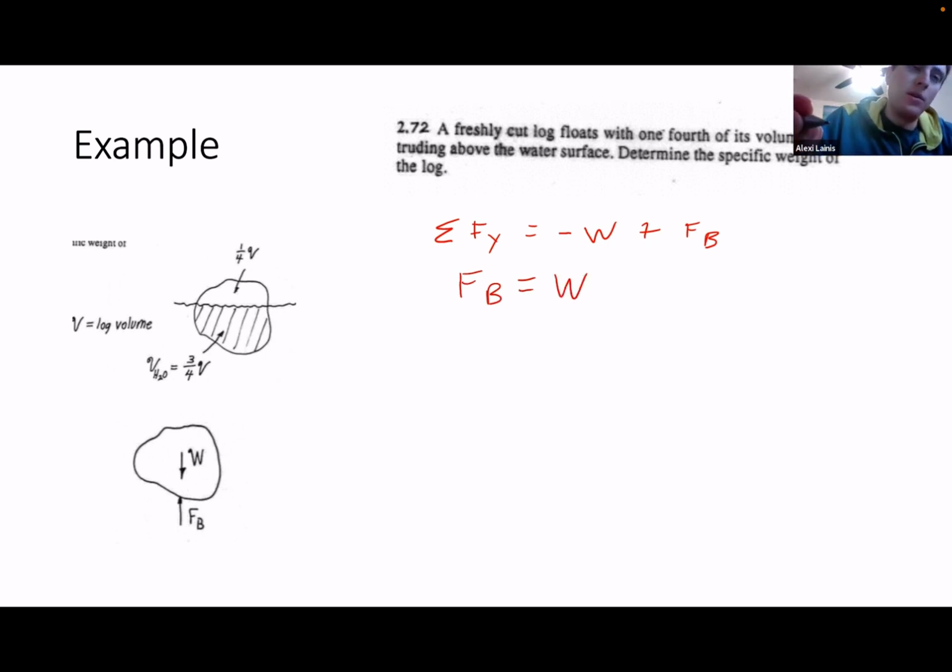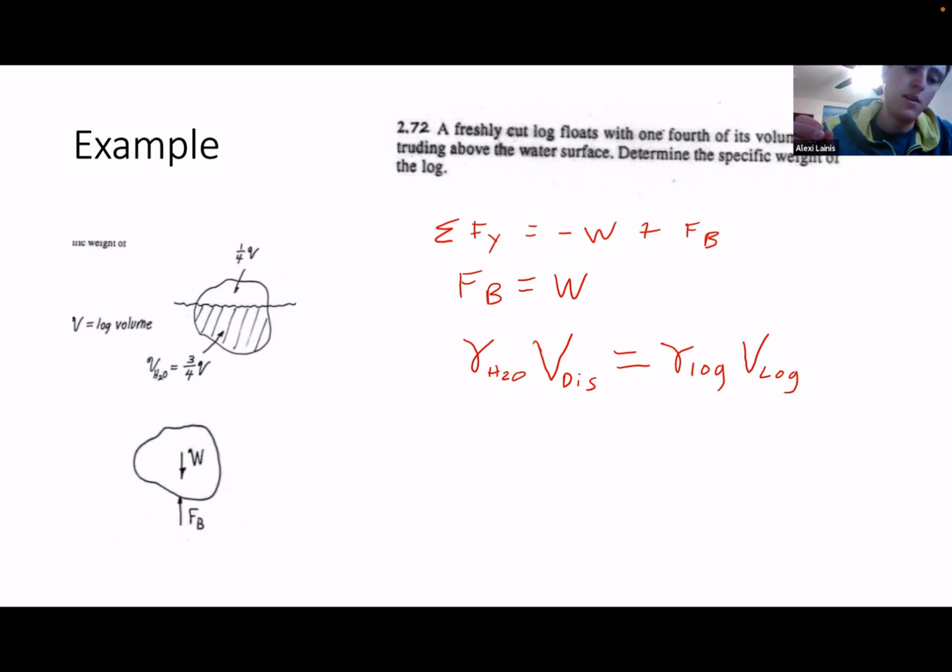From what we learned earlier in this class, the force buoyancy is equal to gamma H2O, or gamma water, times the volume displaced. And then the weight is going to equal gamma of the log times the whole volume of the log.